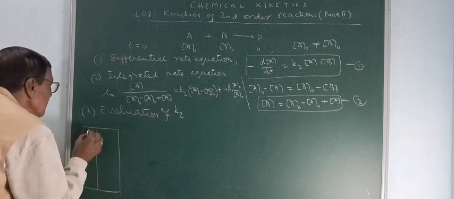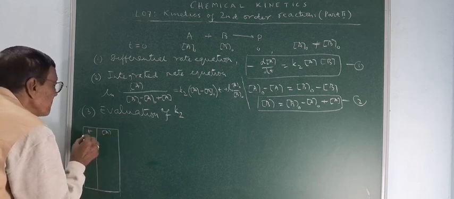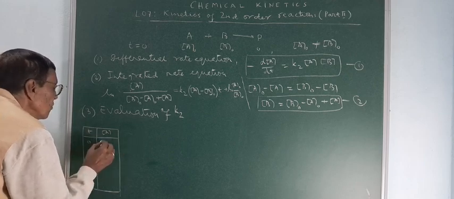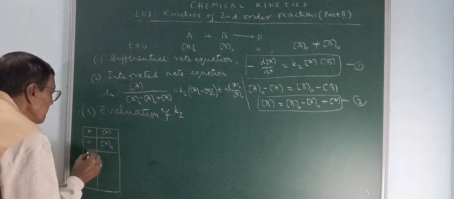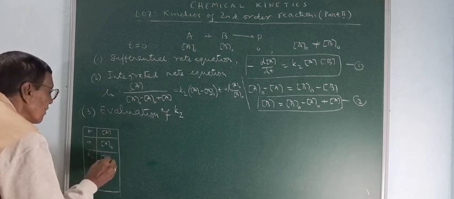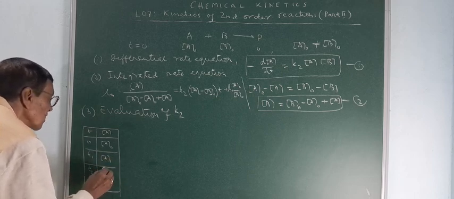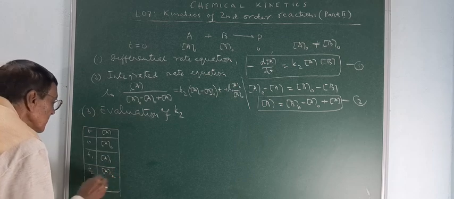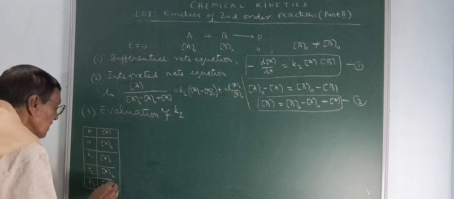One column is time, the other is concentration of A. T0, concentration of A0. T1, concentration of A1, T2, concentration of A2, T3, concentration of A3.